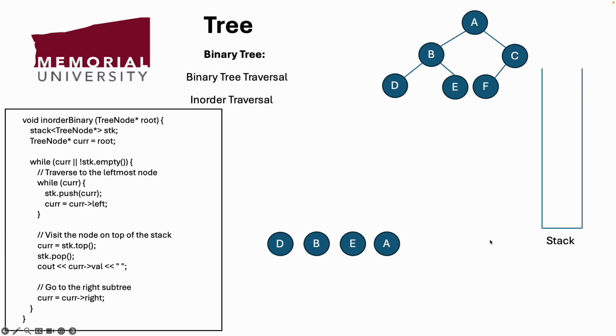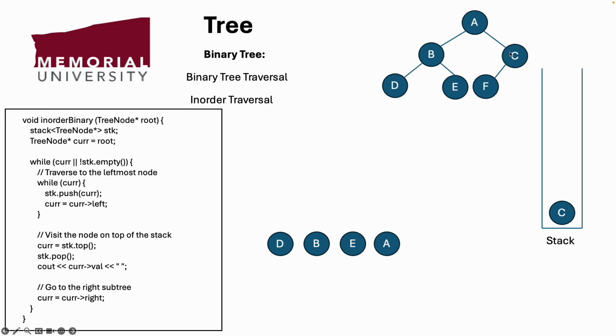Now the stack is empty, but the current is not empty. It points to C. So this while loop still continues. Since the current points to C, the inner while loop also continues. So the stack is going to push in what? The node which the current points to, which is C. And current will be equal to current left.